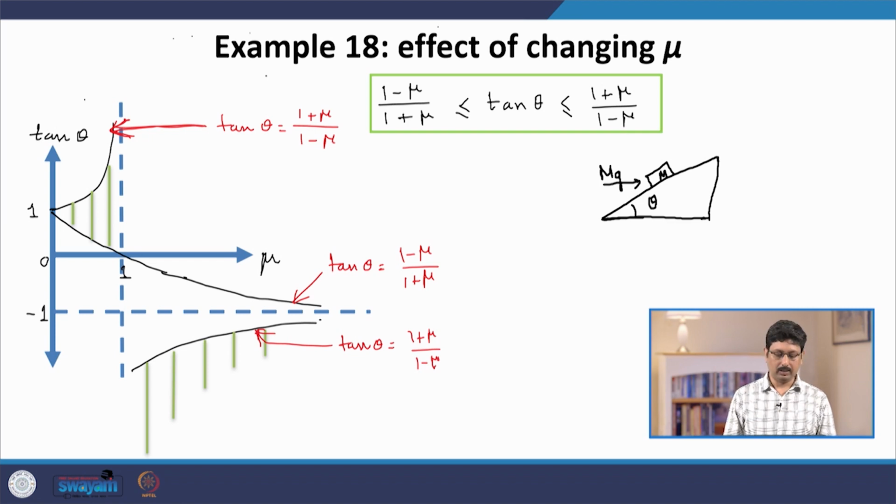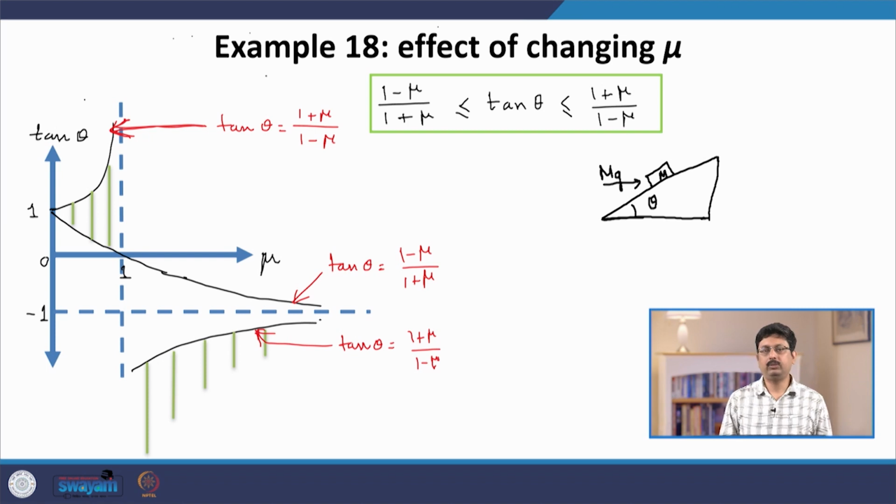Now, if we take mu equal to 0, which means a frictionless surface, no friction present, then there is only one value of inclined plane angle possible for this arrangement. For your reference I have shown the arrangement of the situation that we are analyzing.